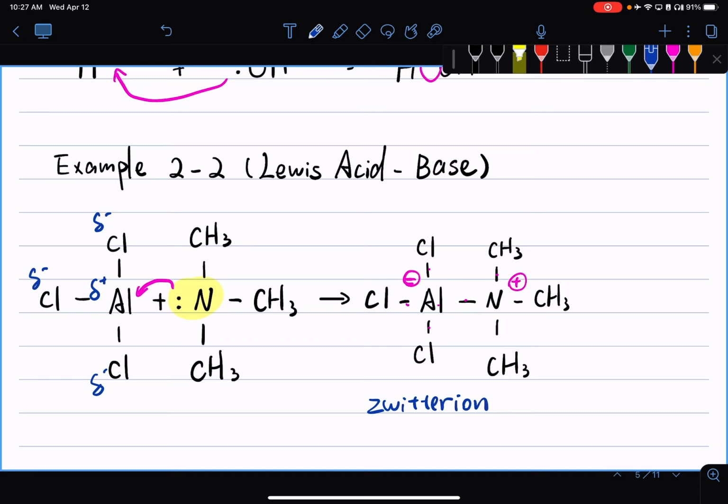All right, that's our second example, which is the forming of a new polar covalent bond. The reaction of the free radical species is a little bit more challenging, so we'll leave that for now. I'm not going to talk about the formation of new covalent bonds from free radical species. I'll save it for later.